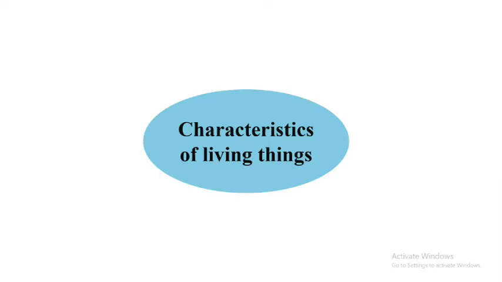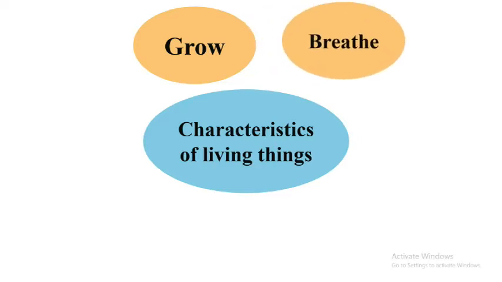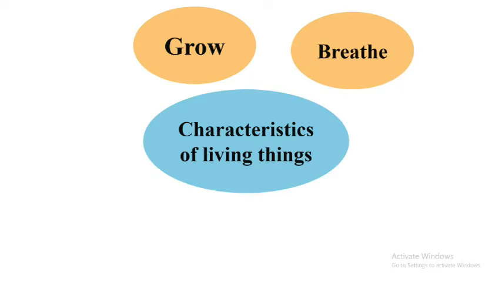Characteristics of living things. Living things can grow. A child grows into an adult. A seed grows into a plant. All living things can breathe and also can eat.